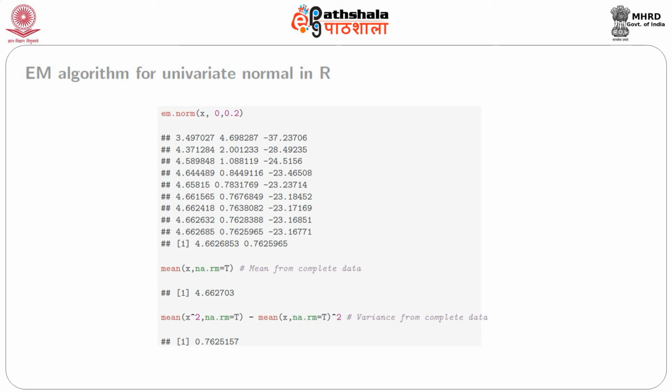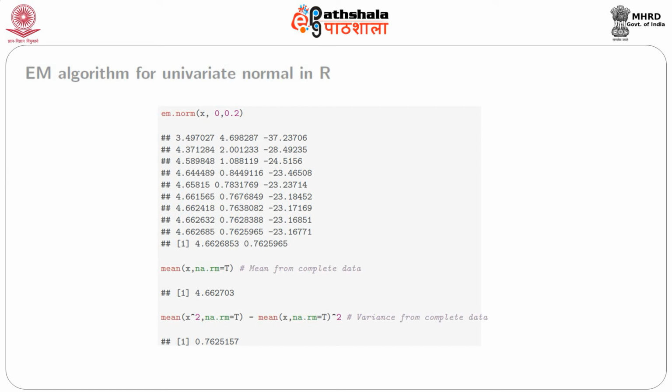That means we are again calling this function, but this time providing some arbitrary starting value, and once we run the code we see the output. It starts at 3.747, which is the initial mean value, and then goes on and on until convergence.